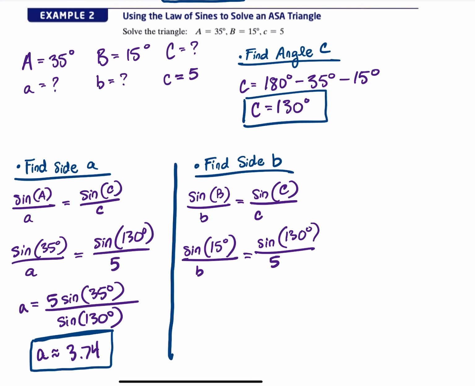So rearranging again, we should get that B equals 5 times the sine of 15 degrees over the sine of 130 degrees. So plugging that in, doing a little bit of rounding, we get B is approximately 1.69.